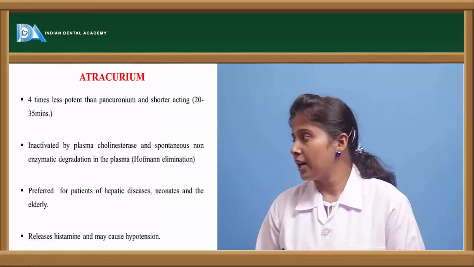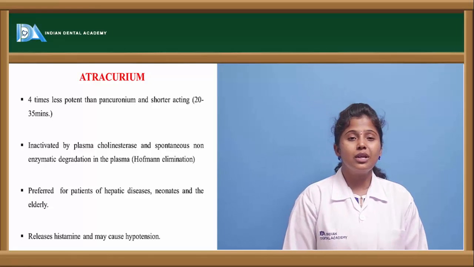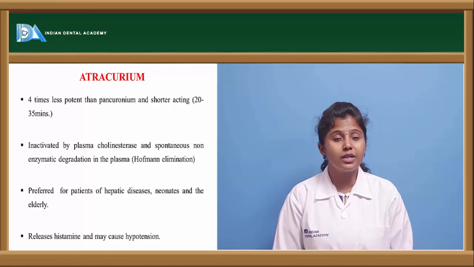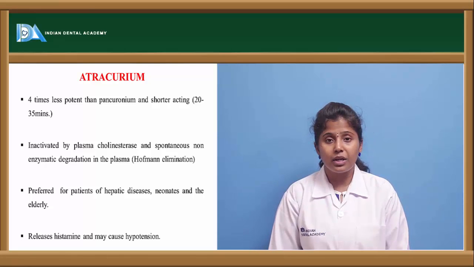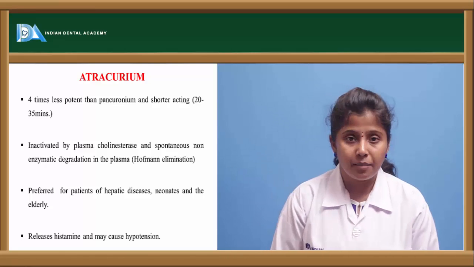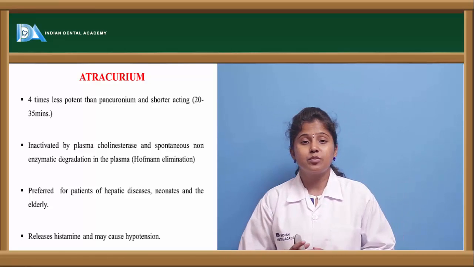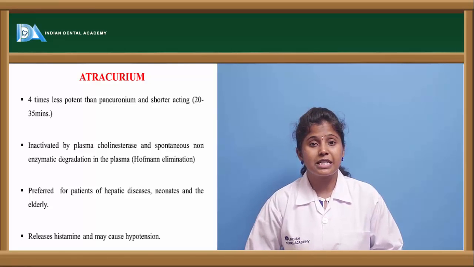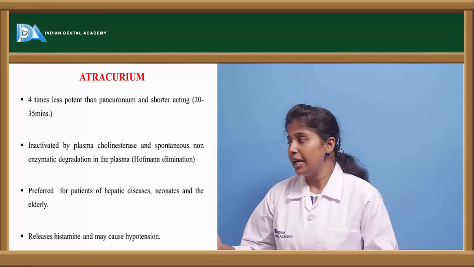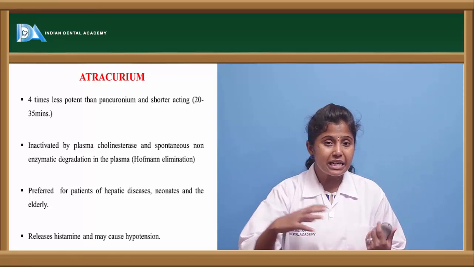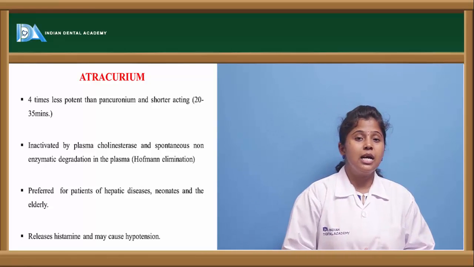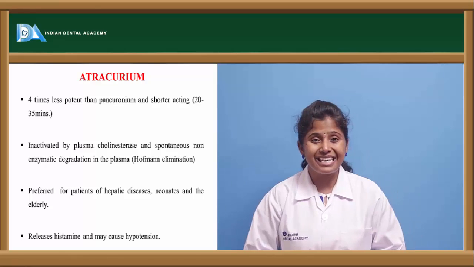The other drug is atracurium. Atracurium is more potent when compared to pancuronium. It is almost 4 times more potent than pancuronium, and its duration of action is very short, about 20 to 35 minutes. It is more susceptible to the plasma cholinesterase enzyme, and once it is metabolized by the plasma cholinesterase enzyme, it gets inactivated. This metabolism of atracurium is called Hofmann degradation.